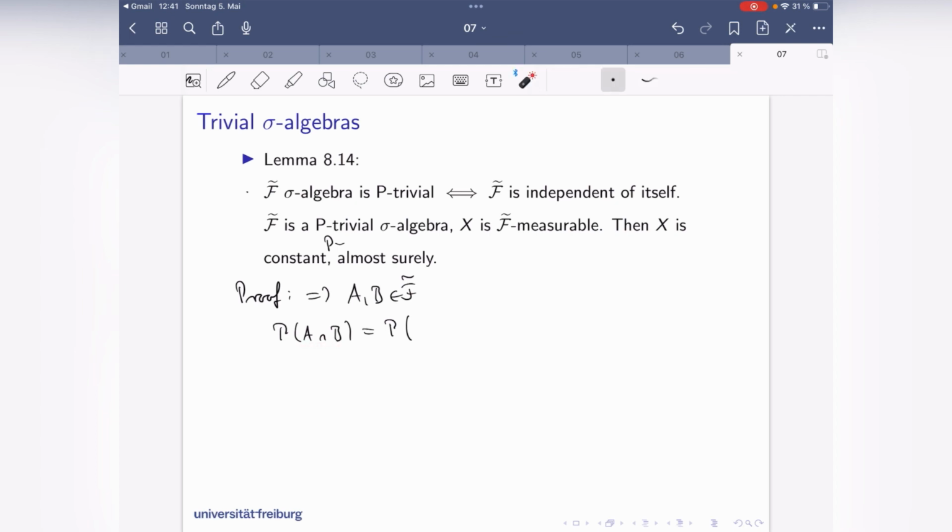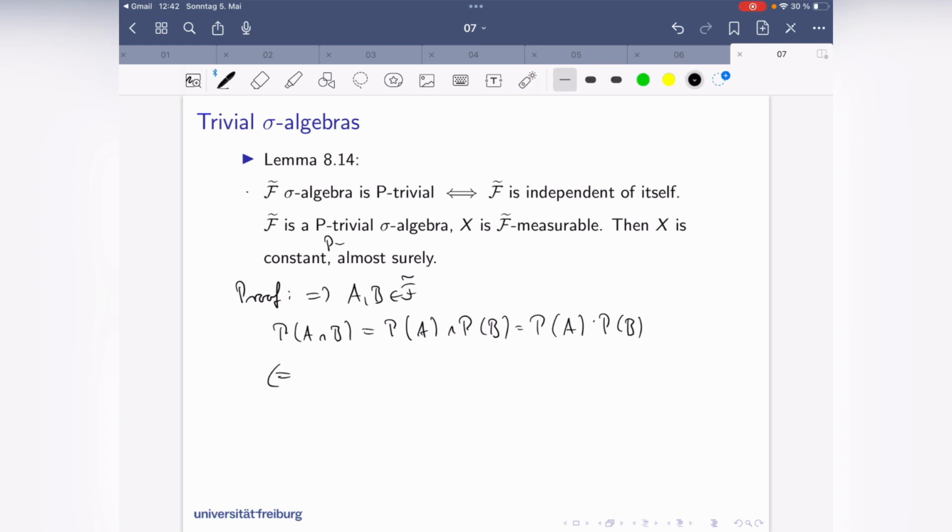If both A and B have probability 1, and 0 otherwise. So I can write it as the minimum of P of A and P of B. But I can also say that that's P of A times P of B, because only if both probabilities are 1 is this 1. And that means F tilde is independent of itself, because I chose A and B arbitrarily.